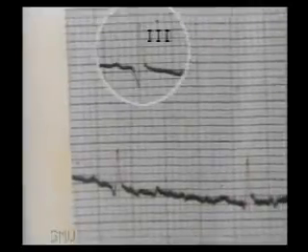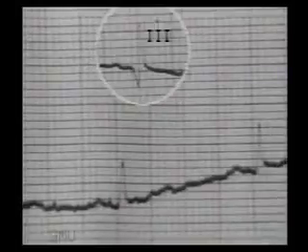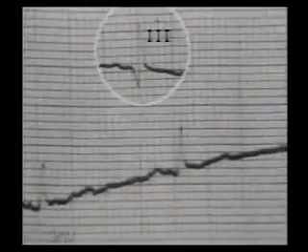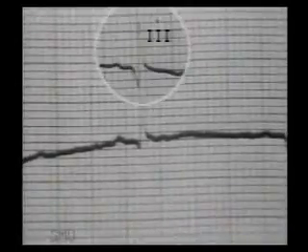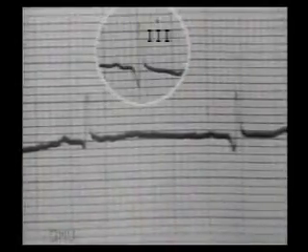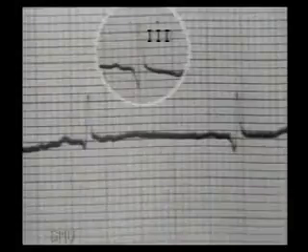See this continuous tracing. In deep inspiration there is no Q wave, but on expiration the Q wave reappears. This is a normal, non-pathological Q wave. So if Q wave is seen only in lead 3, take a tracing in deep inspiration.